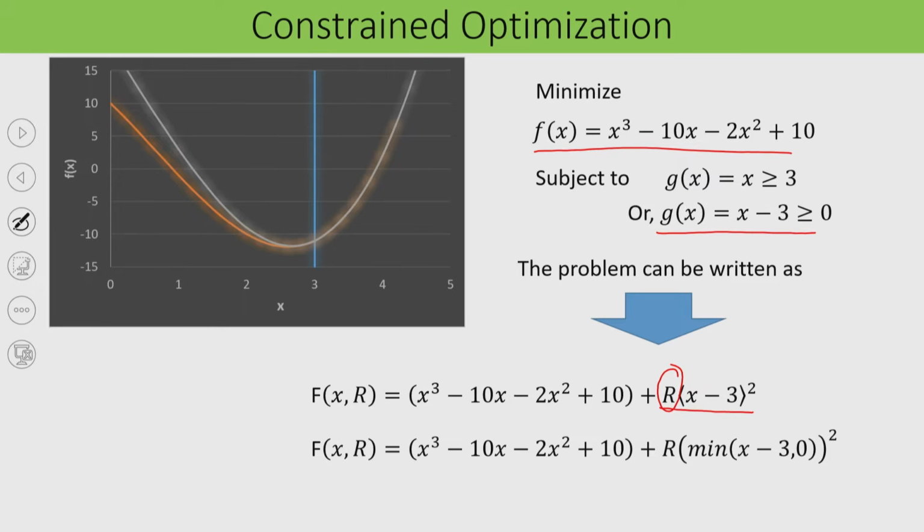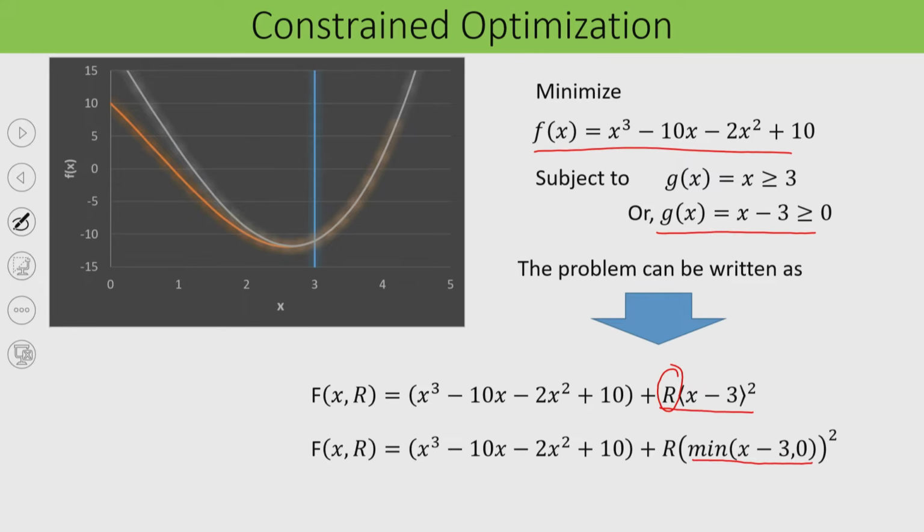Now, I am using the bracket operator here, and as I said, I can implement this bracket operator using the min function. That means if it is the infeasible region, x minus 3 will be negative, so the min function will give you negative.